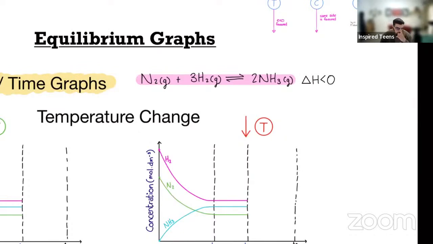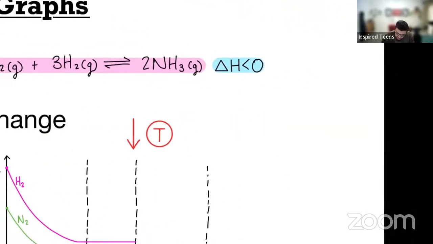Even the rate versus time graphs are based on this equation, and the forward reaction for this equation is exothermic, because delta H is less than 0.